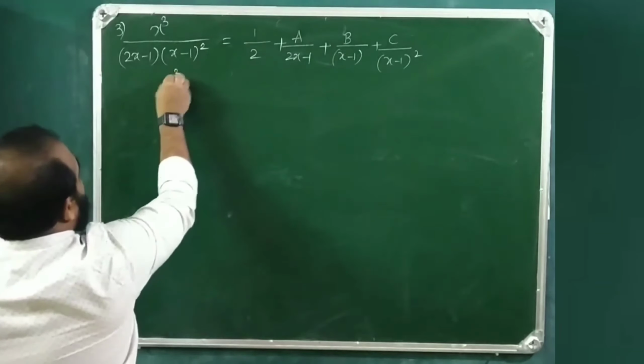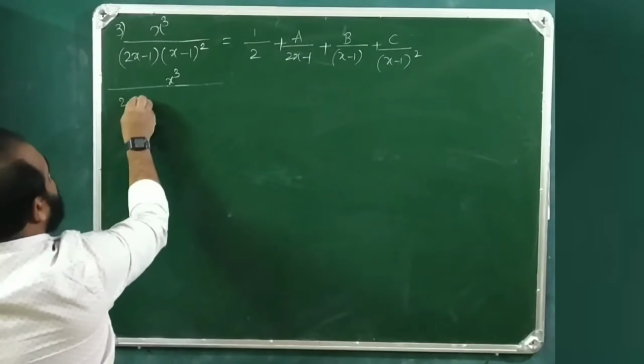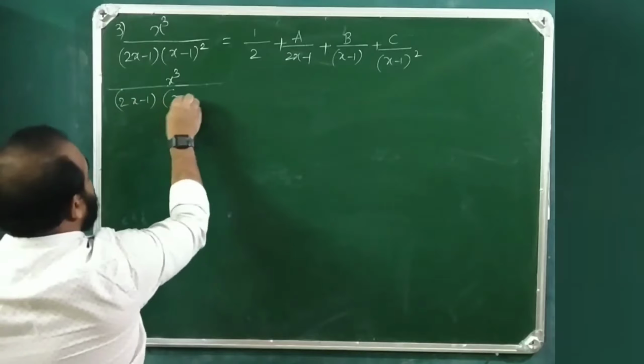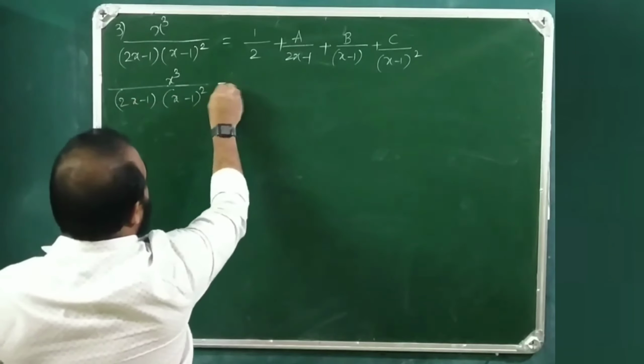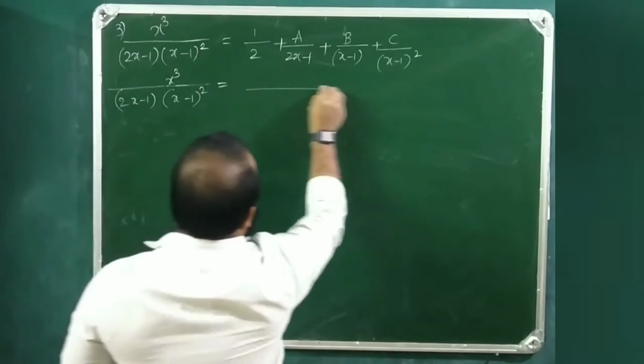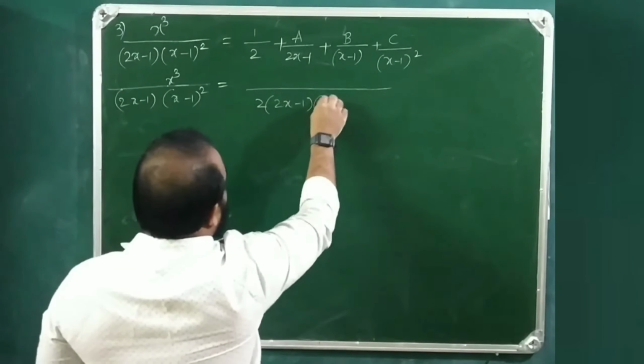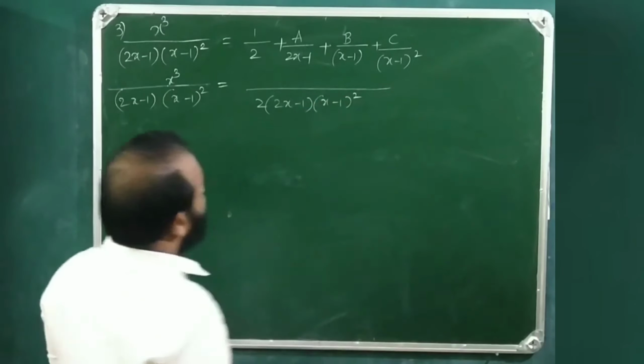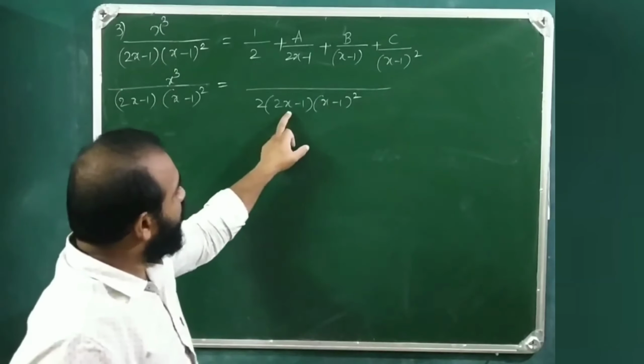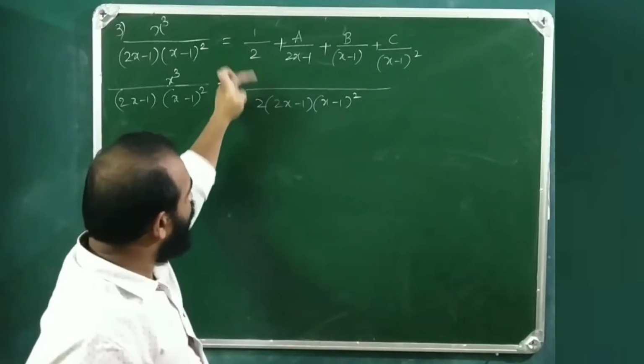x cube by 2x minus 1 into x minus 1 whole square is equal to, so the LCM here is 2 into 2x minus 1 into x minus 1 whole square. So 2 into 2x minus 1 into x minus 1 whole square by 2 gets cancelled.